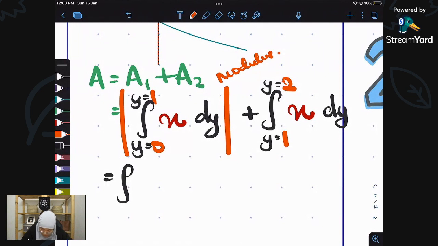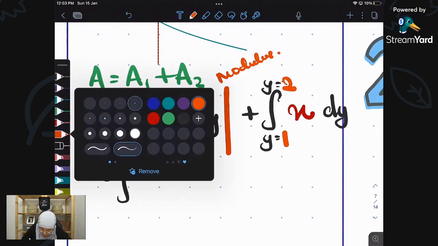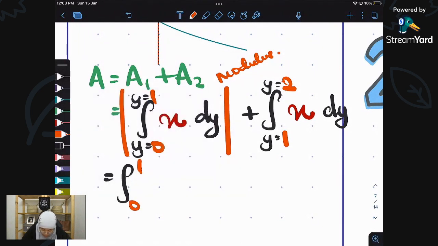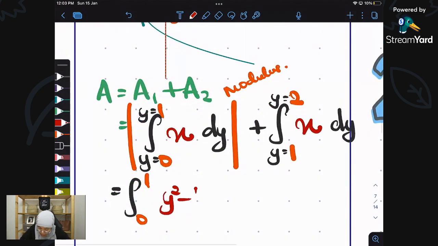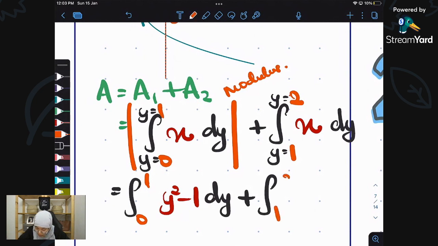So now let's integrate it happily. So 0 until 1. Letakkan balik your x, which is the y squared minus 1, integrate it with respect to y now, and then put the new limit 1 until 2, put back the function y squared minus 1, and then put dy. Close it with dy.